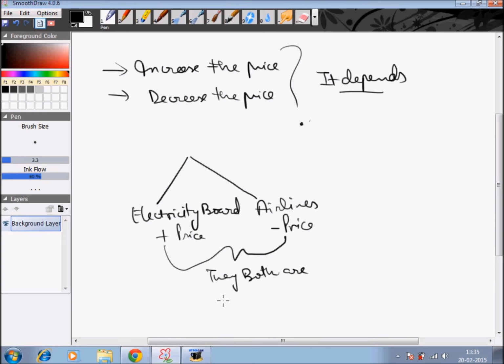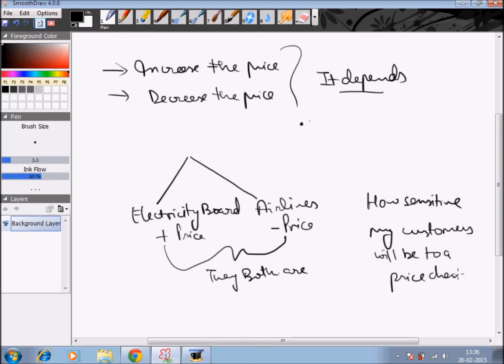So the crucial issue here is to find out how sensitive my customers will be to a price change.